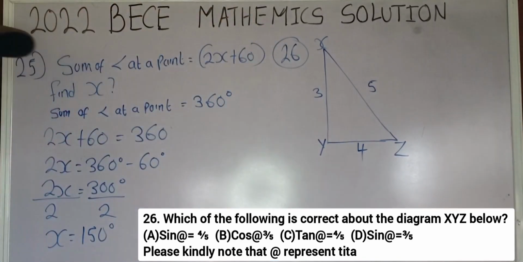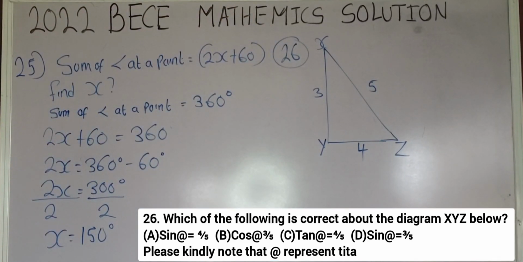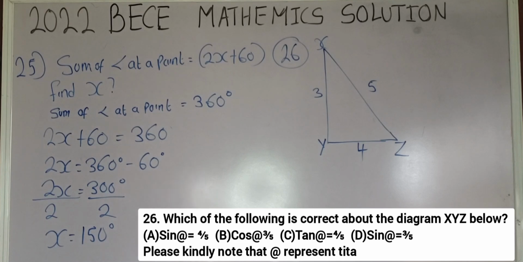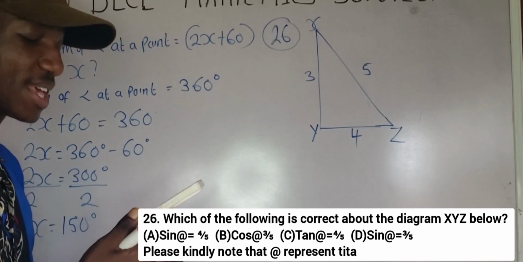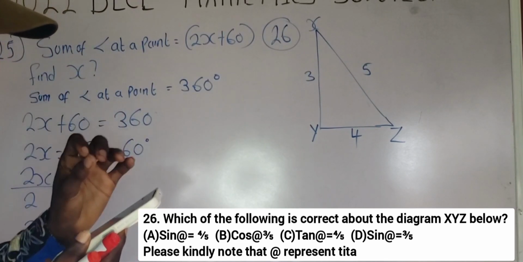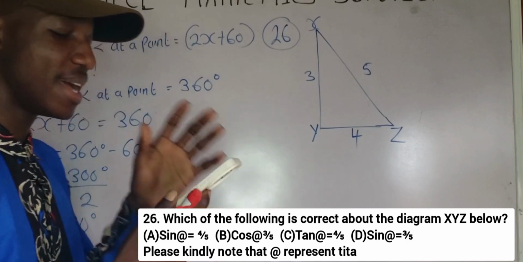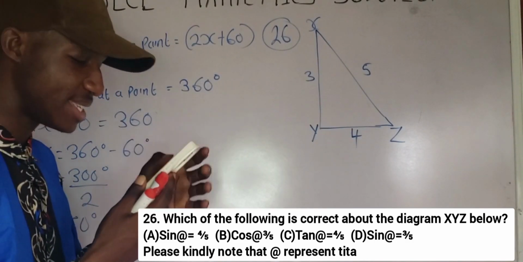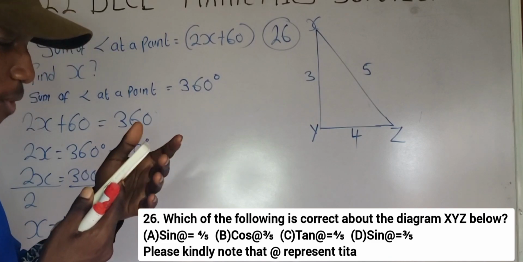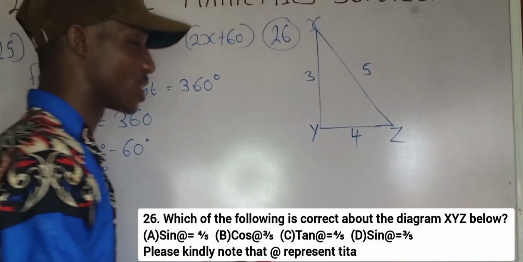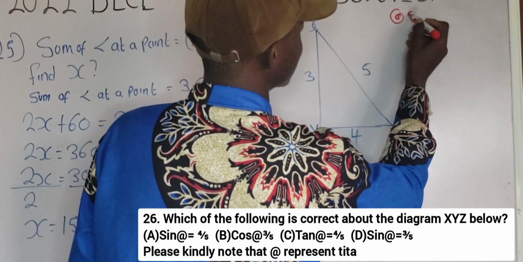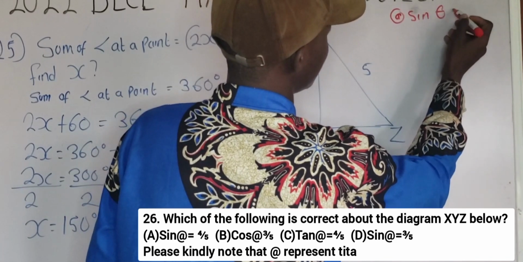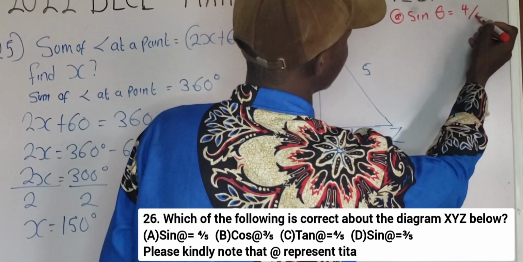Okay, now please kindly pay attention. Look at the diagram on the board. The question says, which of the following is correct about the diagram X, Y, Z on the board? Option A, sine theta equals 4 over 5.